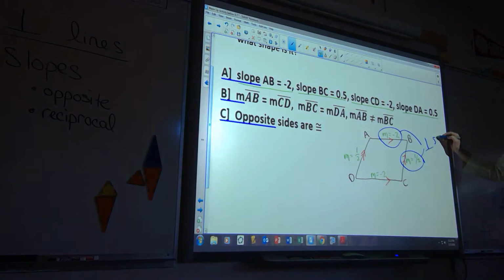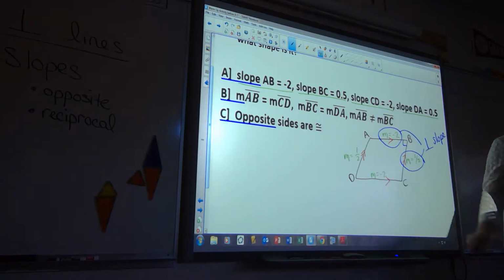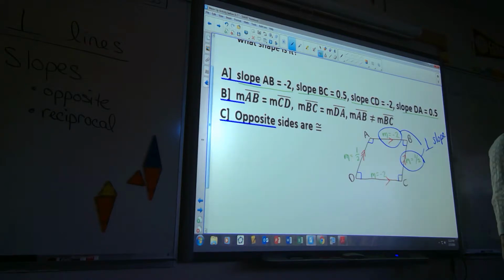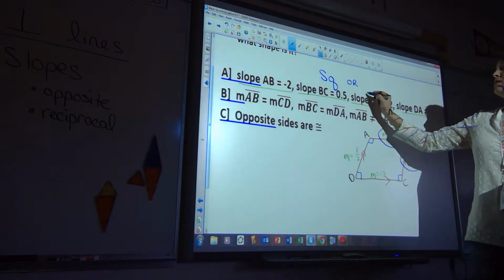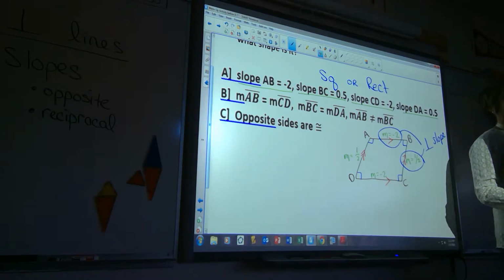Now I know this is perpendicular, and this is perpendicular. So now what could it be? It could be a square or it could be a rectangle. Great, we've narrowed it down to two possible shapes.